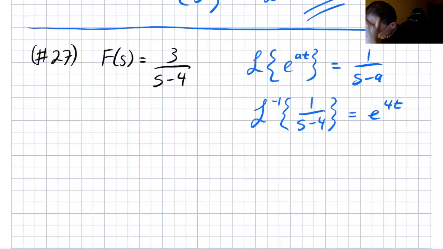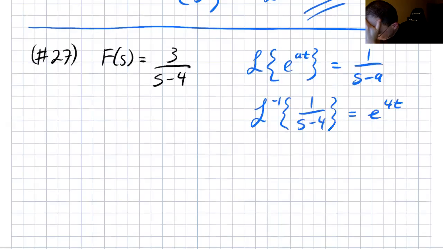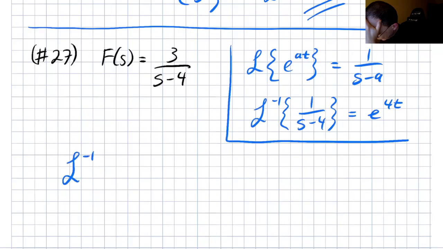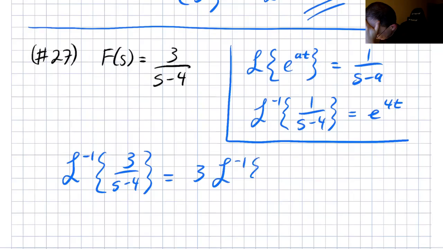But we have this 3 in front there. So what does that mean? We want the inverse Laplace transform of 3 over s minus 4. So we factor out the 3, and we get 3e to the 4t.